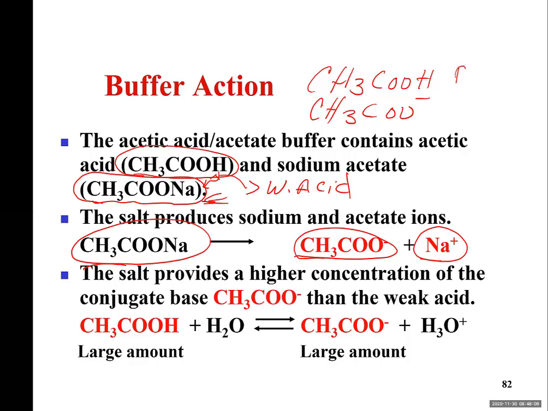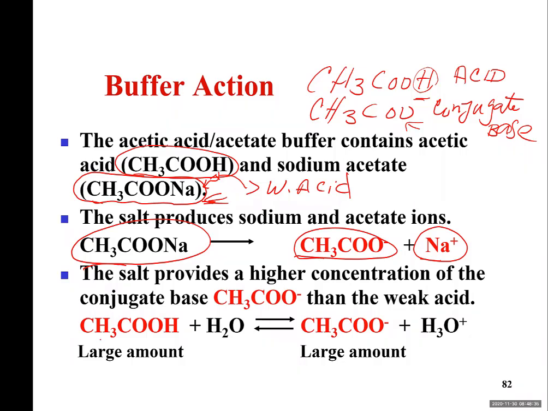This is the acid, and this is the conjugate base. Remember, conjugate acid and base are related together by gain of hydrogen or loss of hydrogen. Do you see? If I remove this hydrogen, I get this conjugate base. If I add the hydrogen to this conjugate base, I'm going to get the acid.